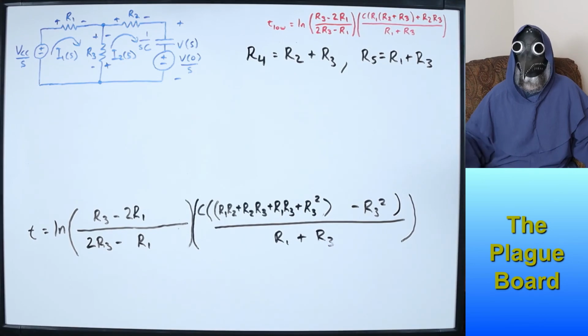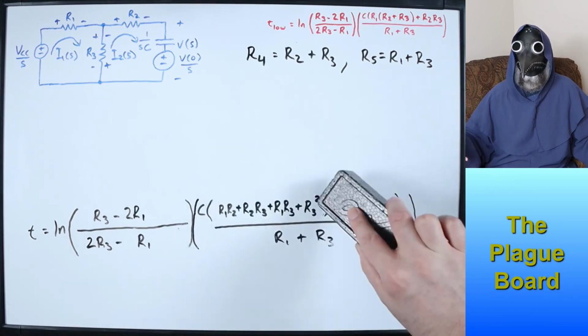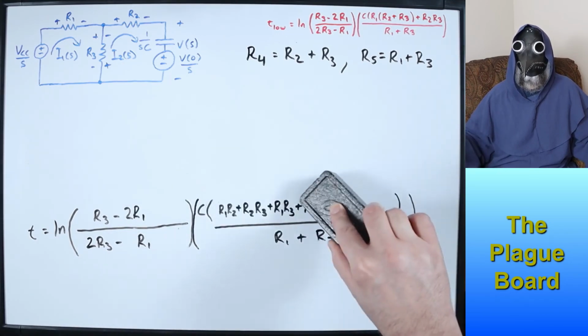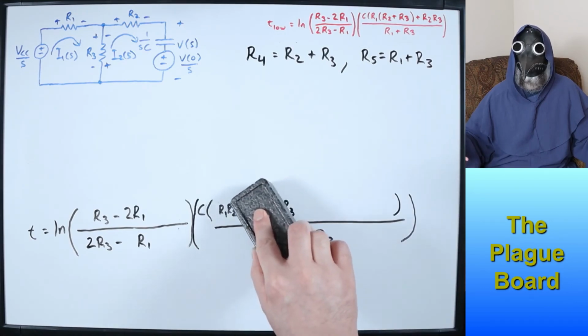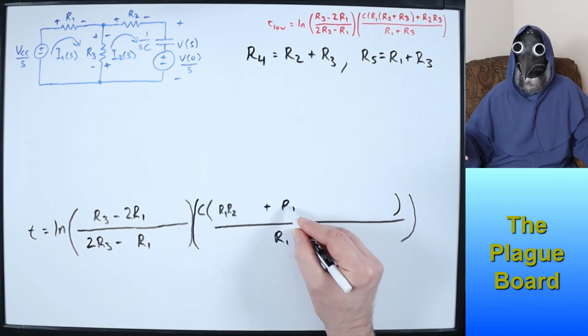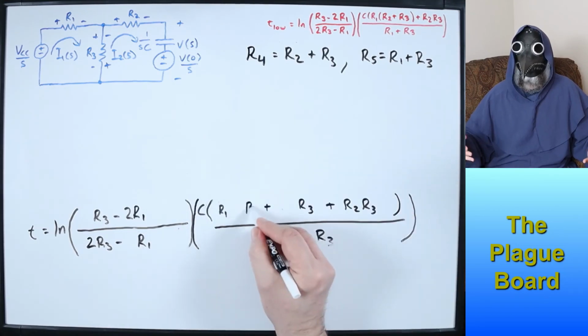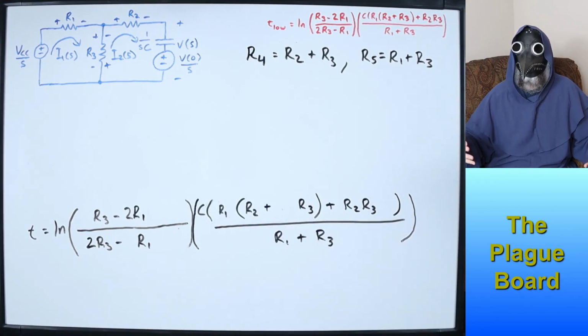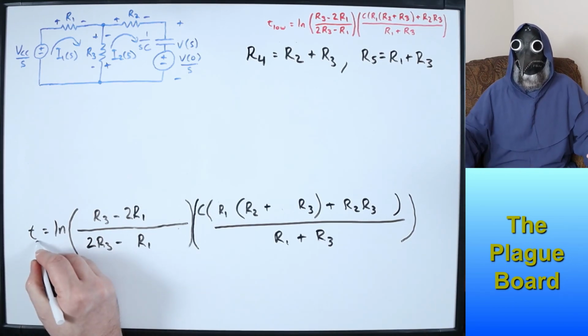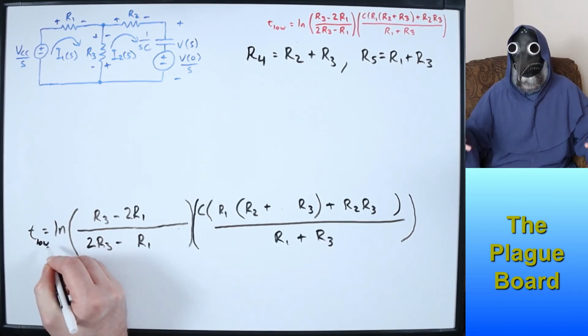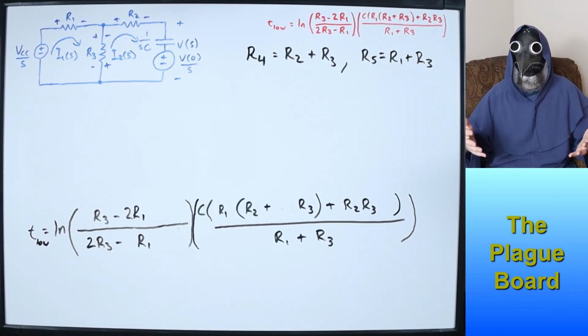Then I'll remove these parentheses. These R3 squareds cancel out. Then I can swap these two terms so I can factor out an R1. And this is the formula for time low with R3 added into the discharge line.